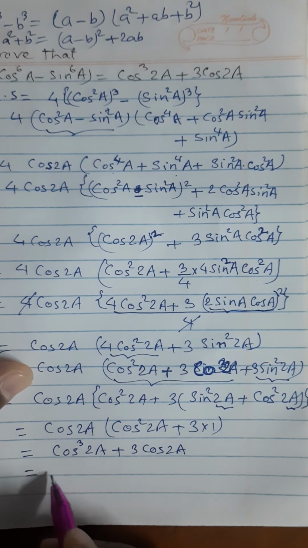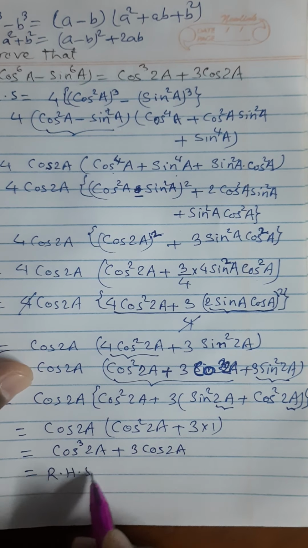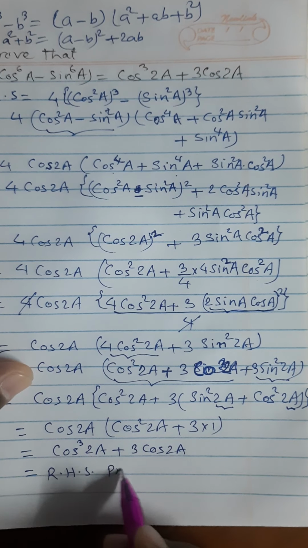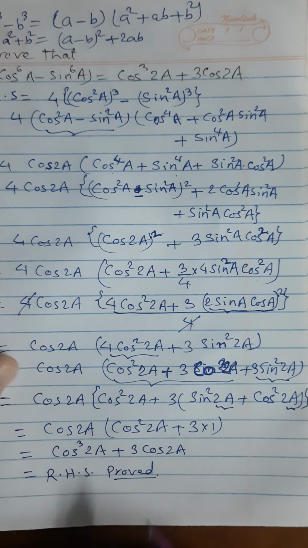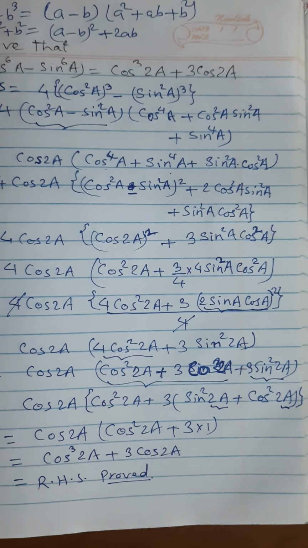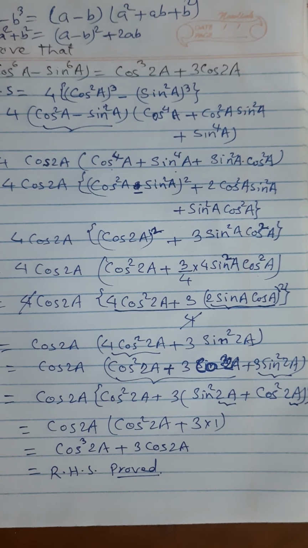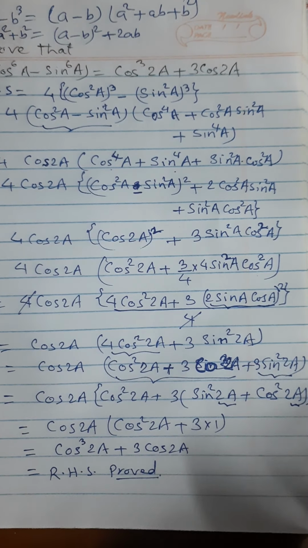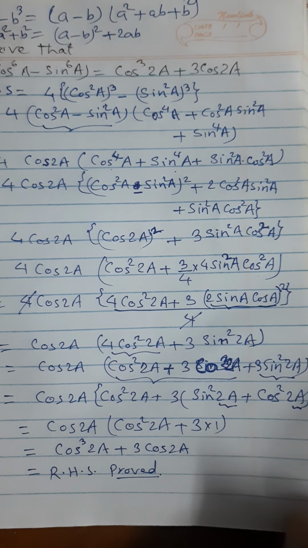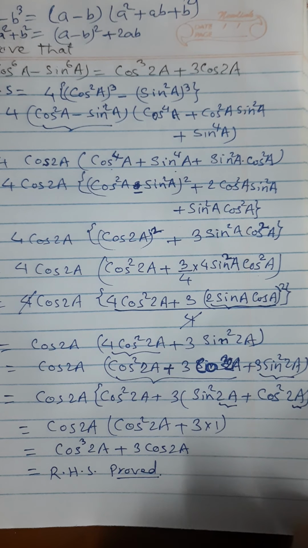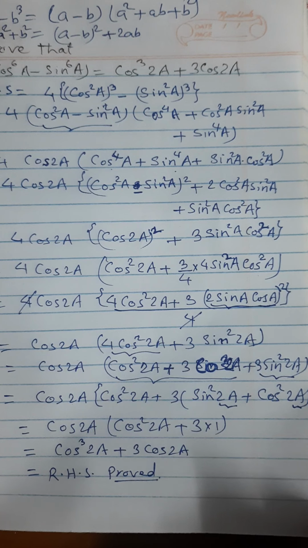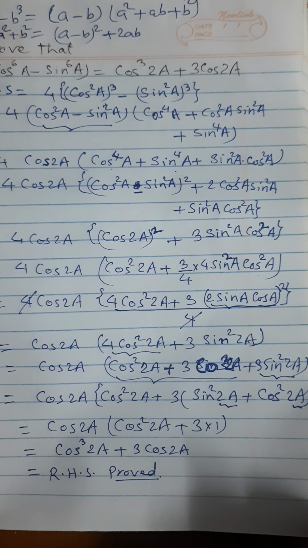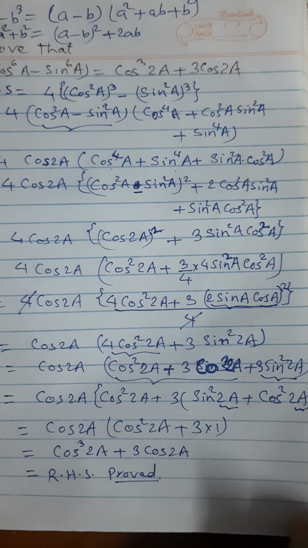and this equals the right hand side. Proved. So in this way, this important problem on multiple angles, important proving identities of multiple angles, I have shown here how to prove it.